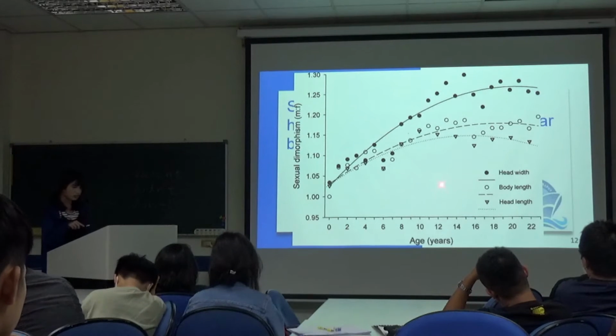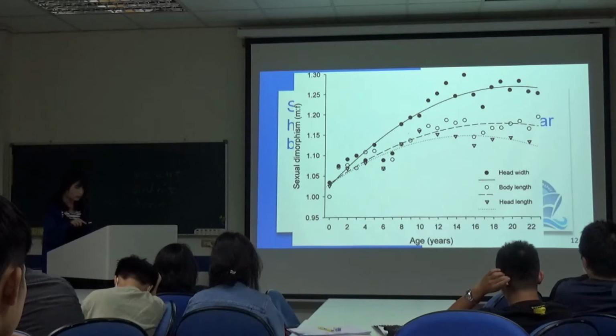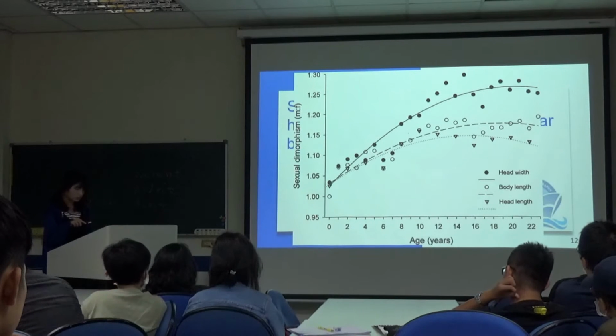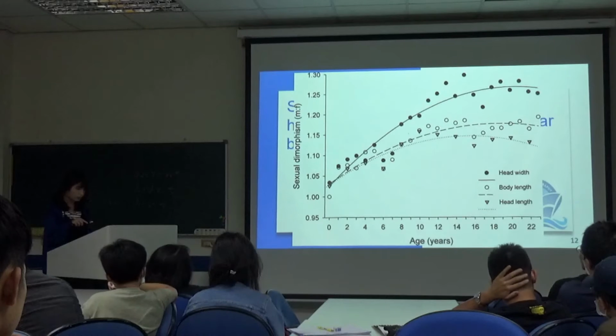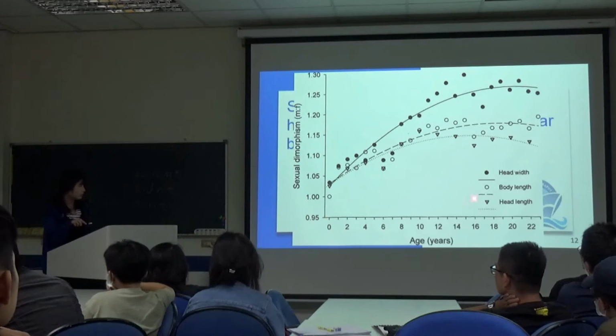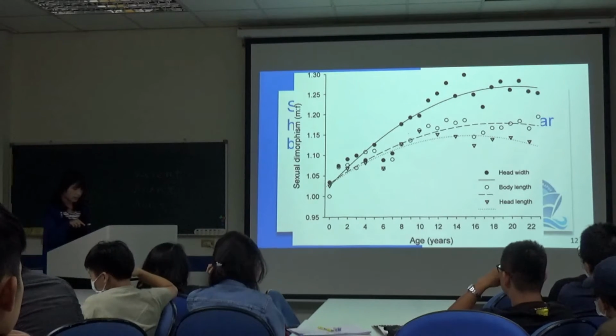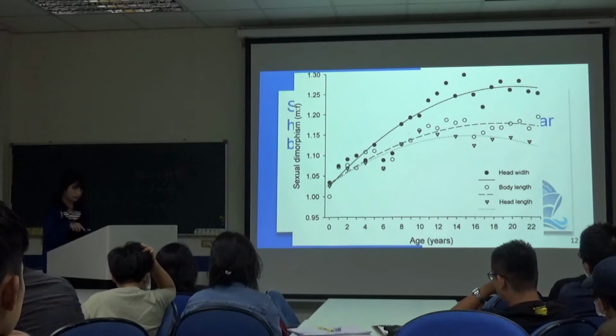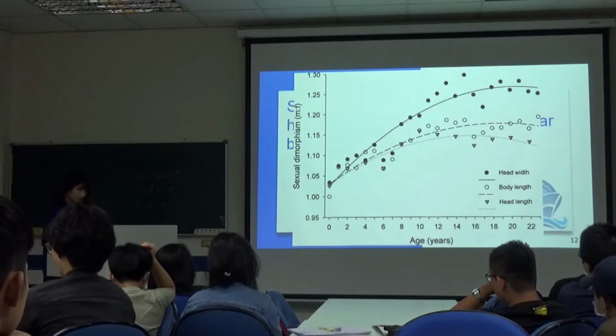The black dot is head width, and the line is the regression line of head width; the white dot is body length, and the dashed line is its regression line; and the triangle is head length, and the dotted line is its regression line.